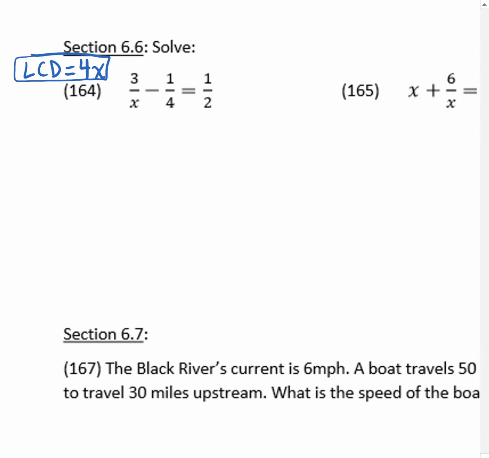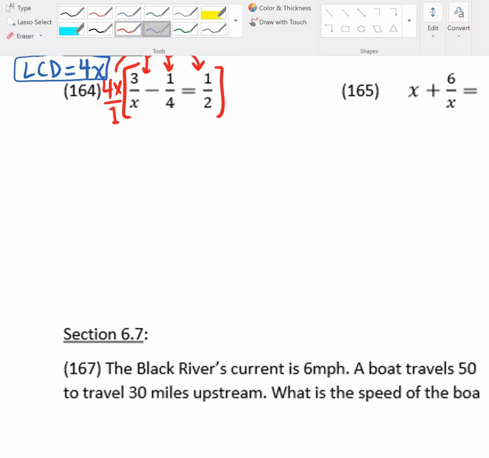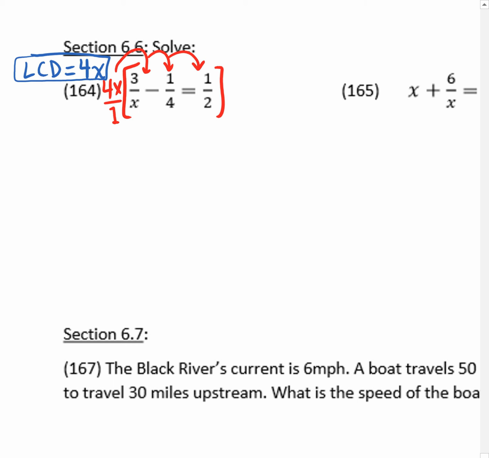So we're going to take that LCD 4x and multiply the entire equation by it. So 4x times the first fraction, times the second fraction, and times the third. And maybe to be careful, like in the previous problems, I'm going to put that 4x over 1, just so I can see exactly what's going on there. So multiplying across, I have first 4x over 1 times 3 over x.